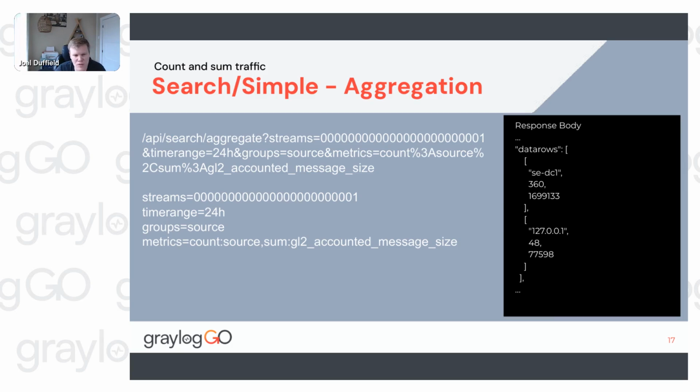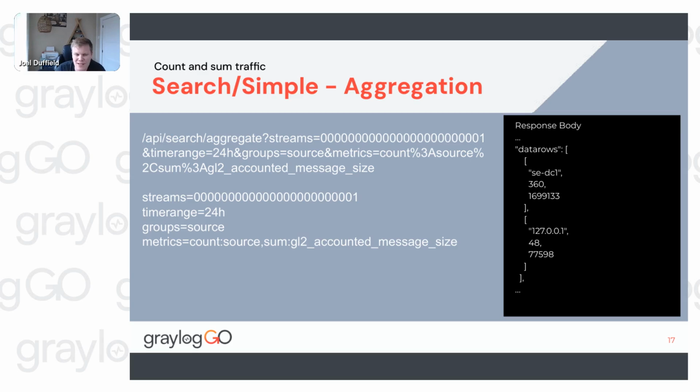Again, the time range we want to do it on, what we want to group by, the metrics that we want. Super, super simple to run these. We're just doing a metric on the count of the source field, and we're doing a sum of the gl2_accounted_message_size. Basically, what we're getting back in this one, and this is that kind of thing where I was talking about possibly pre-computing those accounting numbers on a daily basis or something.